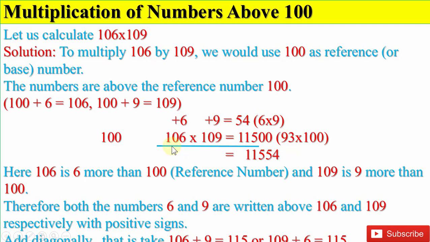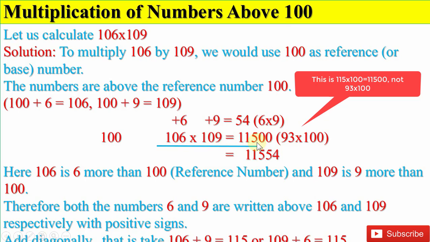Add diagonally, that is 106 plus 9 or 109 plus 6, which gives 115. And 115 is multiplied by reference number 100, which gives 11,500.